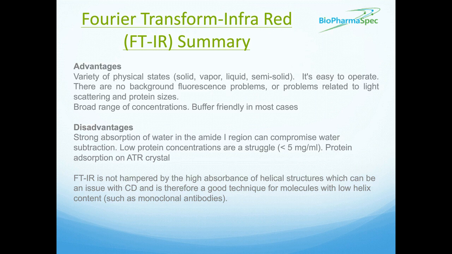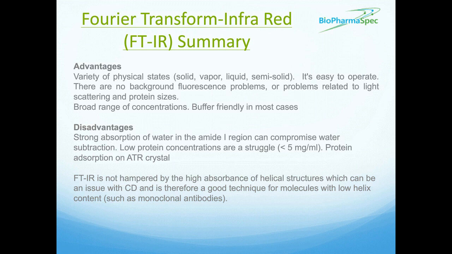And again, I think this is a nice example of how things have progressed from the recommendations in the Q6B with regard to the best technique to undertake for certain analyses. We recommend trying to do both FTIR and CD side by side.